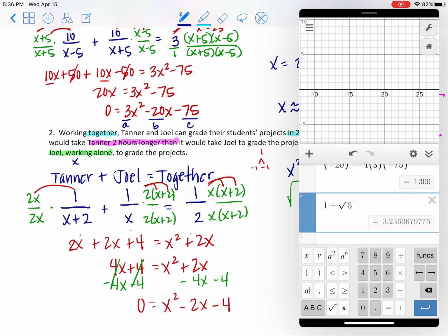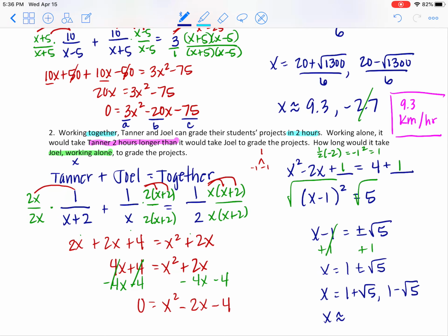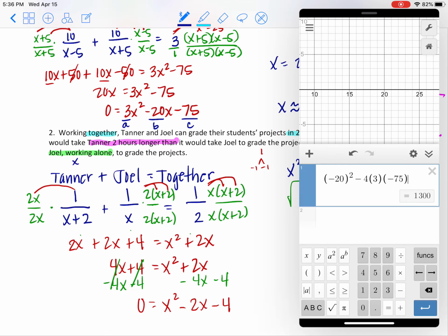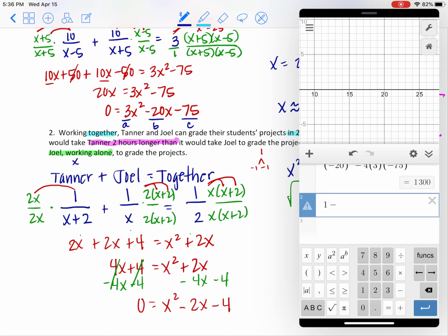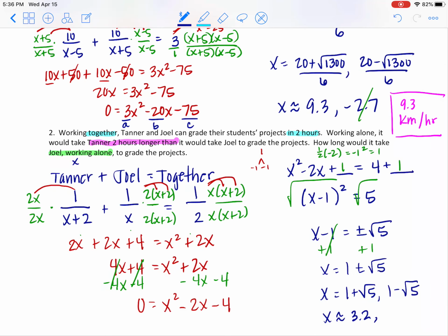And we're going to get approximately, let's see, 1 plus radical 5 is about 3.2. And then 1 minus radical 5 is going to be -1.2.